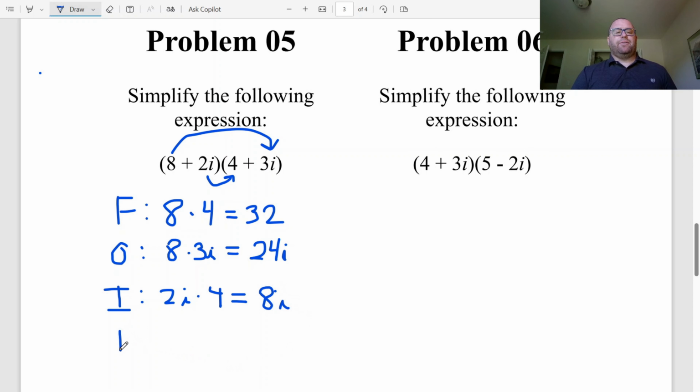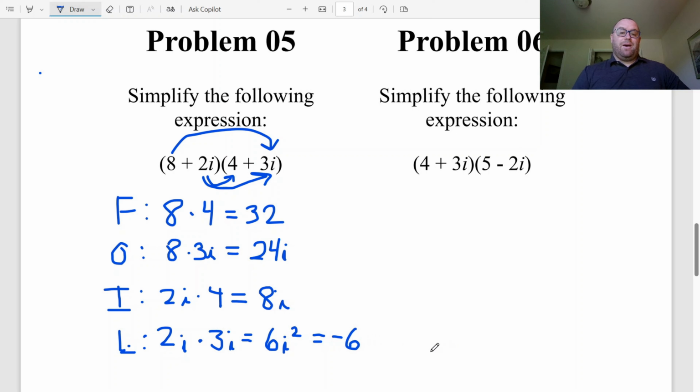And then we're going to do the last terms, and this is going to be interesting. So we're going to do 2i times 3i. That's going to give us 6i squared. Now remember from a previous video that I did, which was powers of complex numbers, i squared is negative 1. So this is like 6 times negative 1. So this is negative 6.